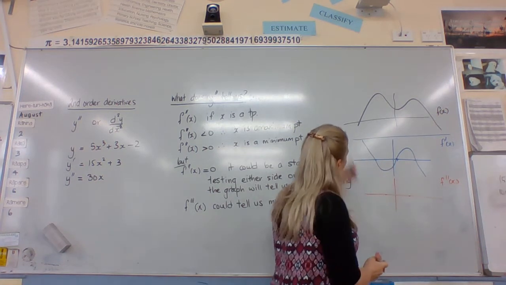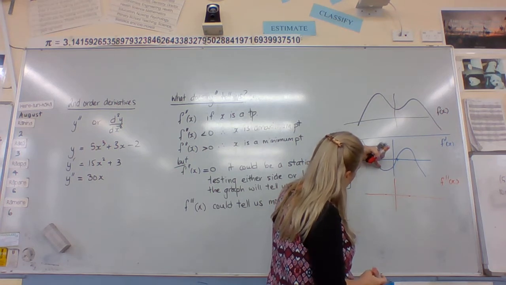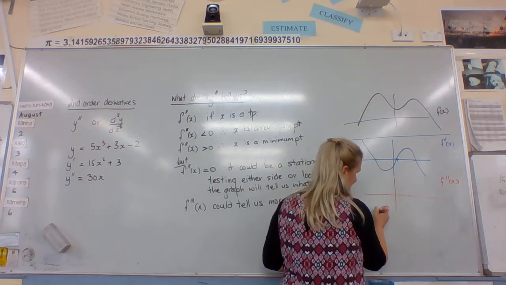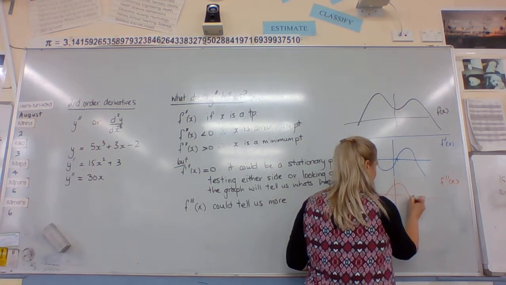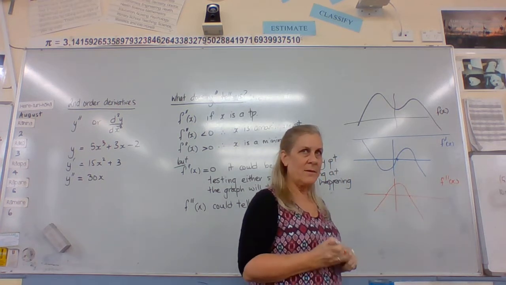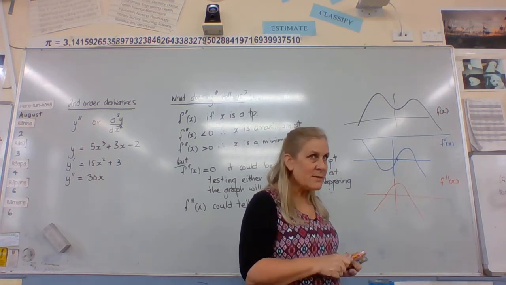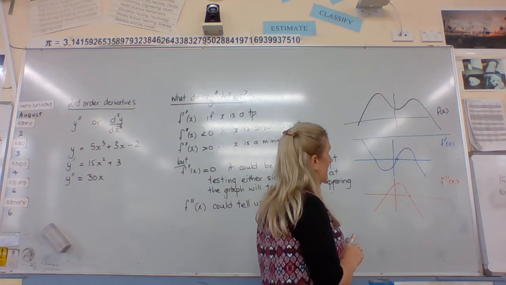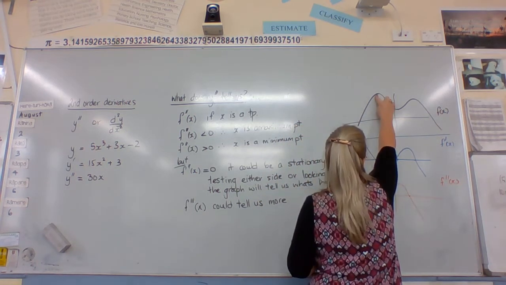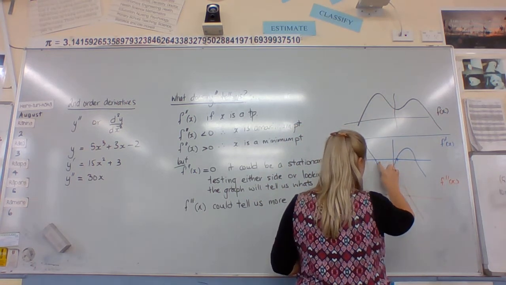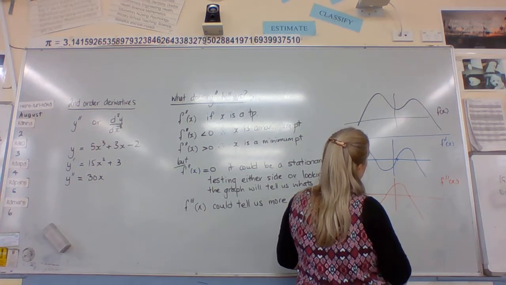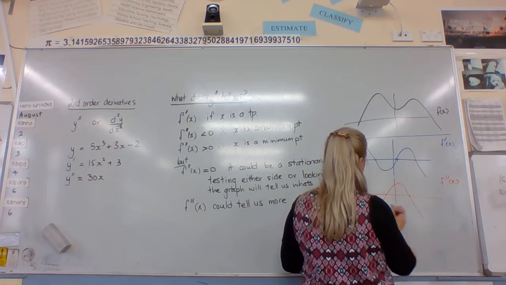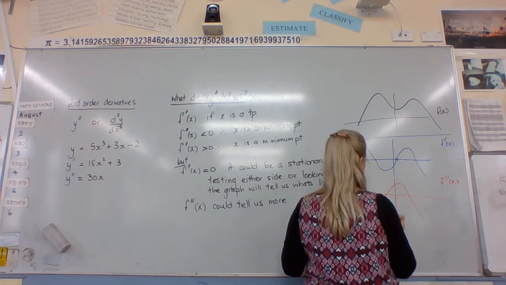Right? So we've got a negative gradient to here, negative gradient, positive gradient, negative gradient. Yes? All right? So at this point here, it's about here somewhere, this point.